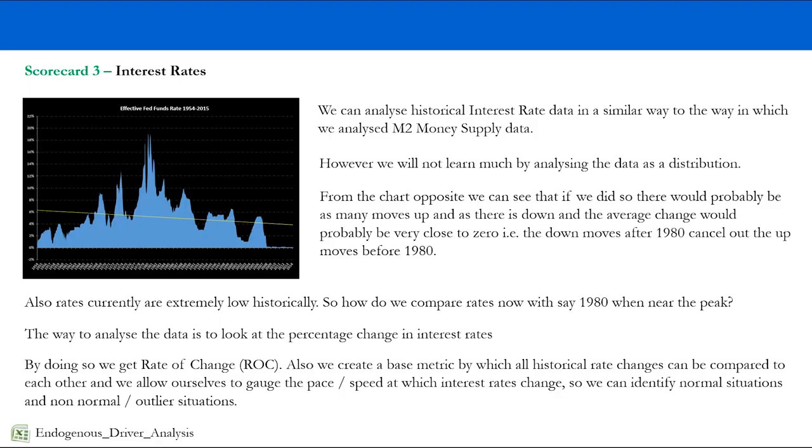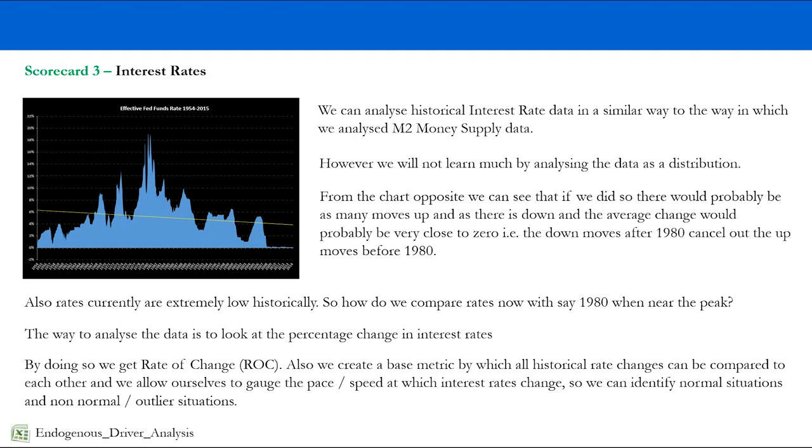So by analyzing the data as a distribution, we'd probably just end up with as many moves up as there is down, and the average change would probably just be very close to zero. So the down moves would basically cancel out. So the down moves after 1980 would basically just cancel out the up moves before 1980.